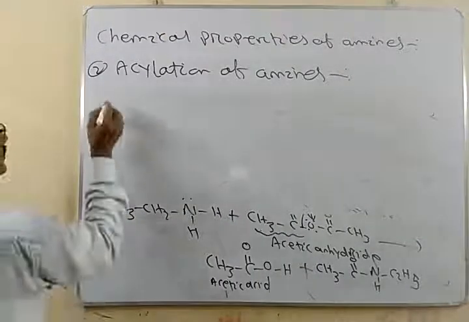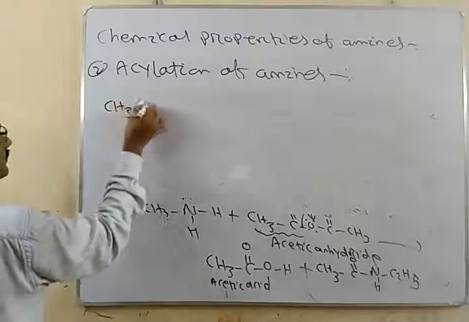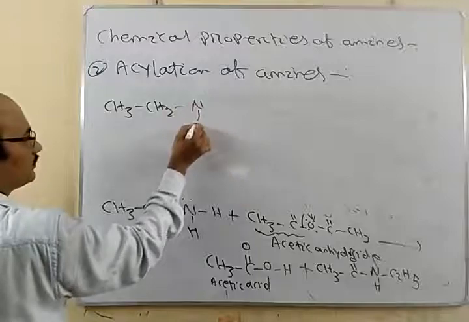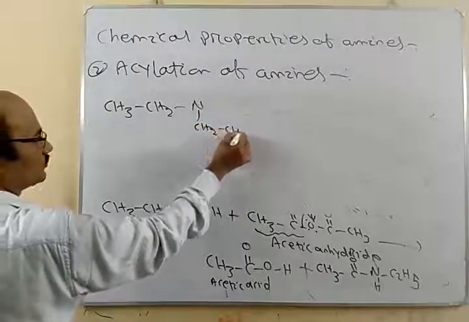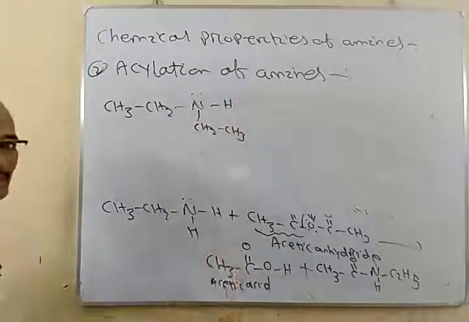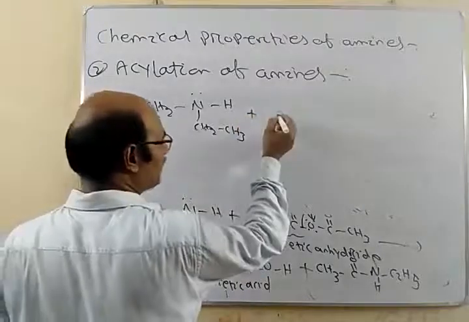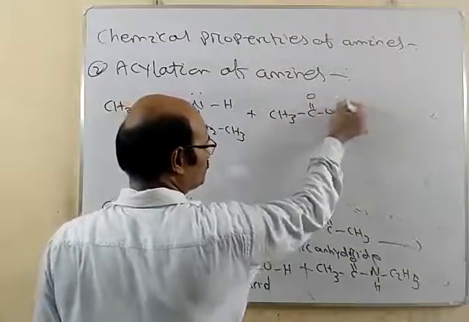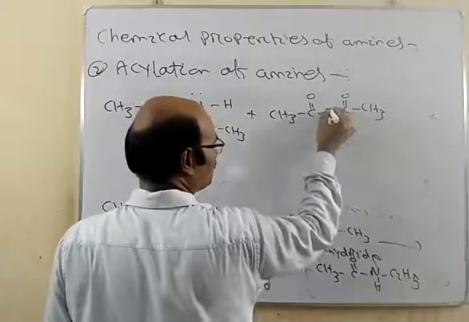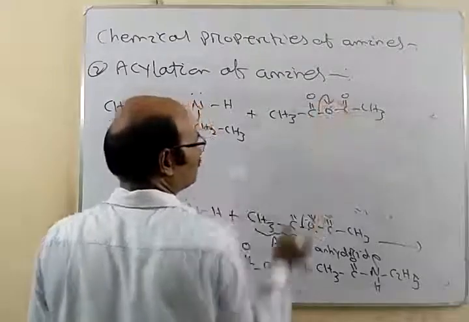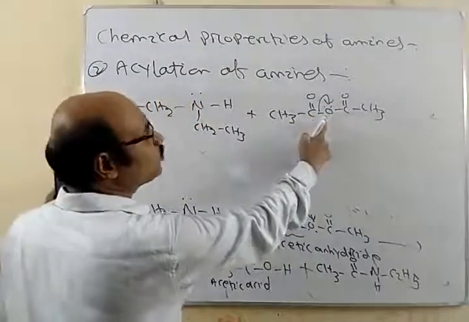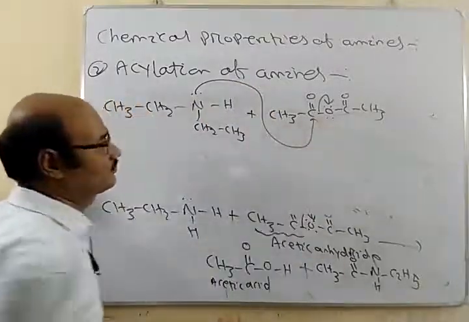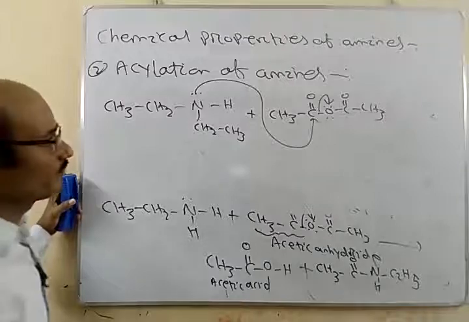Let's see. CH3CH2, N, CH2CH3, H, second amine, plus CH3, C double O, O, C double O, CH3. This one comes here, so this O becomes minus and this C becomes plus. So this N now comes to here.